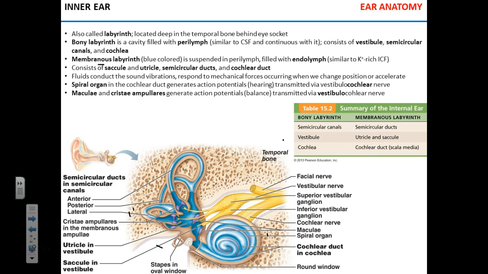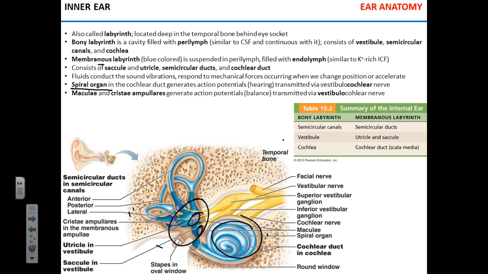Inside of the cochlear duct, there is a structure called spiral organ. Spiral organ is responsible for the hearing sensations. In the saccule and utricle, there are structures called maculae.